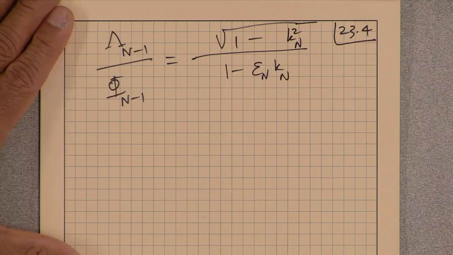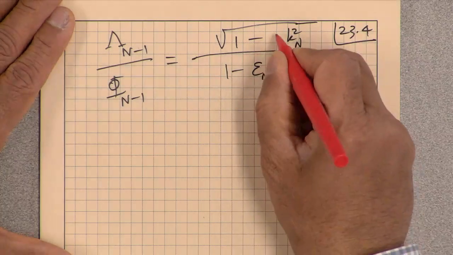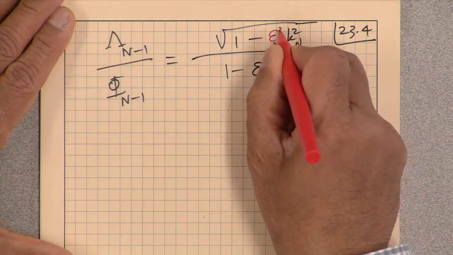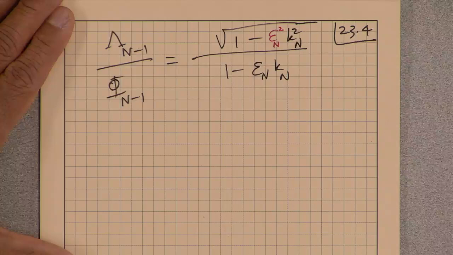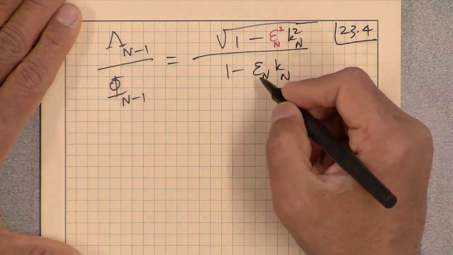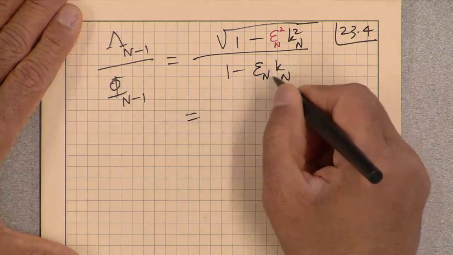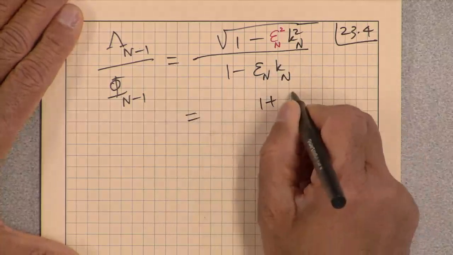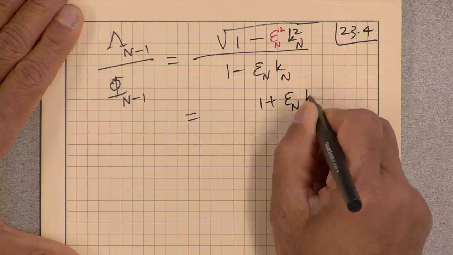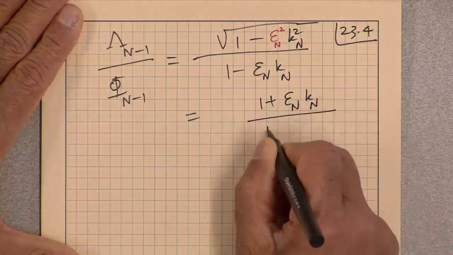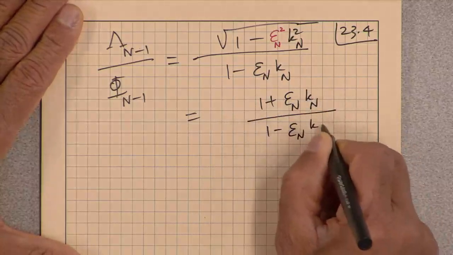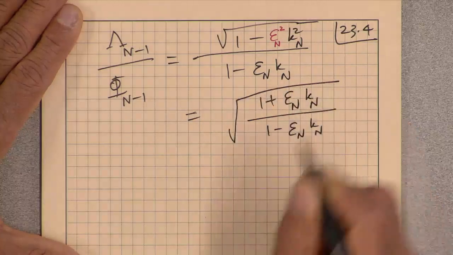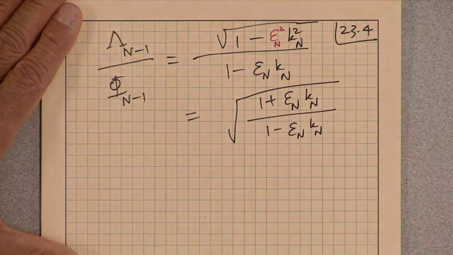But if you remember that epsilon n is plus or minus 1, I can just multiply epsilon n squared to kn squared. And now in fact I can cancel out the square root of 1 minus epsilon n kn, and then in the numerator I am left with 1 plus epsilon n kn, in the denominator 1 minus epsilon n kn, and that whole square root. So that's the ratio.